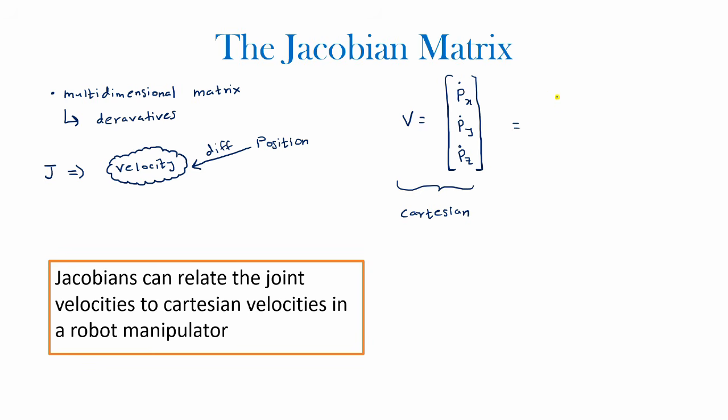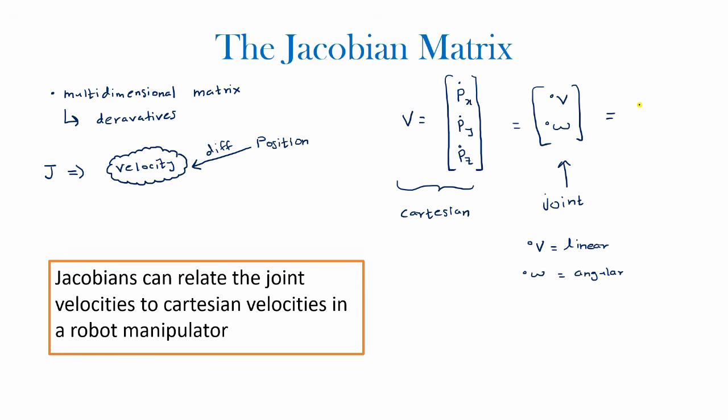This would also be equal to the velocity in the joint space, which would comprise of two values, where v0 would be the linear velocity and omega would be the angular velocity or the rotational velocity.